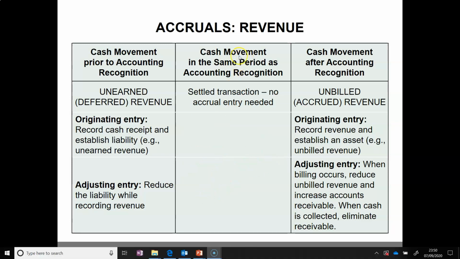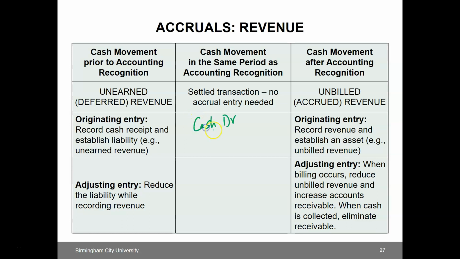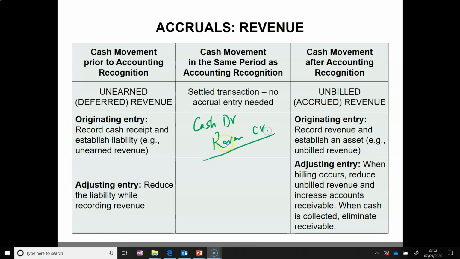In the second scenario, both cash movement and accounting recognition occur in the same period. In that case, the transaction will be recorded in a single entry at the time the cash moves and the accounting recognition takes place. So the entry will be cash debit and revenue credit. In this case, there is no need to have two entries and create a liability in the form of unearned revenue.